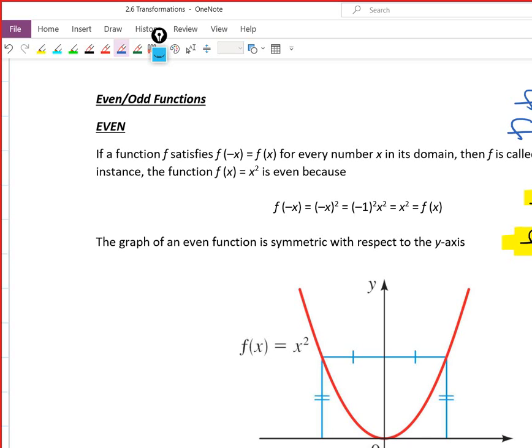But if I give you a polynomial that has x to the 6th in it, and maybe we've got 7 terms in that polynomial, it might be easier to determine if it's even or odd first and then grab a couple points off of it and allow that relationship to generate the other ordered pairs. Does that make sense? Okay.